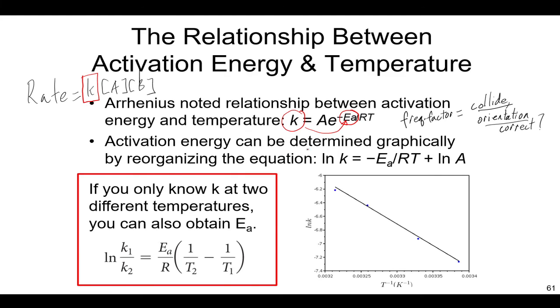Okay, the activation energy can be determined graphically by reorganizing this. And you'll notice this sort of y equals mx plus b notation. All we've done is rearrange this with some algebra to put it in a form that gives us something linear.